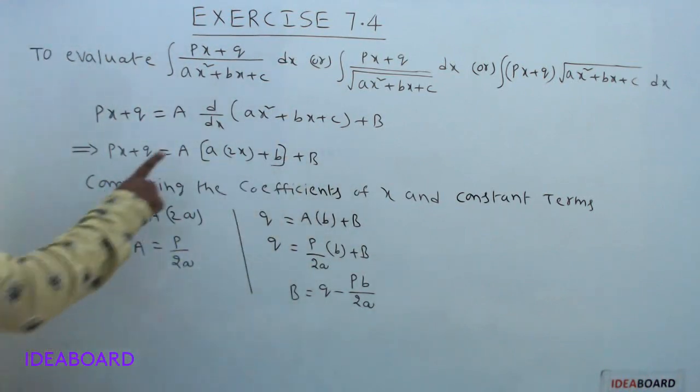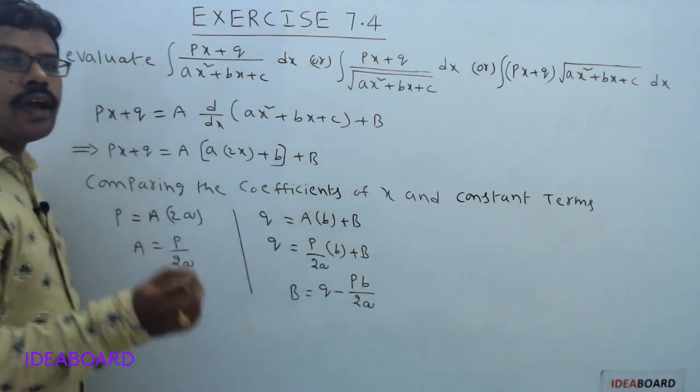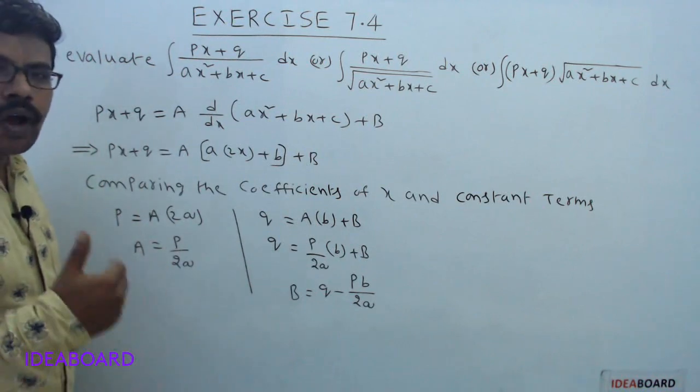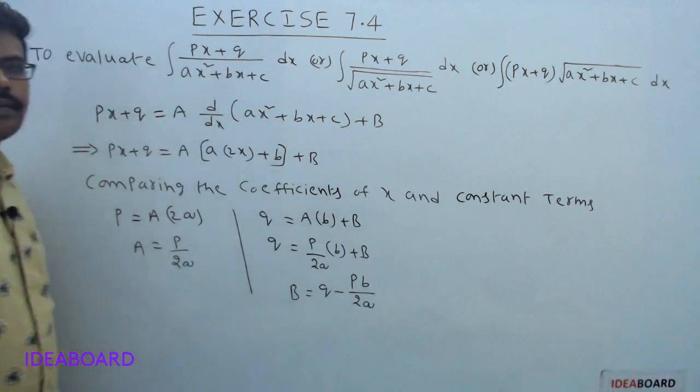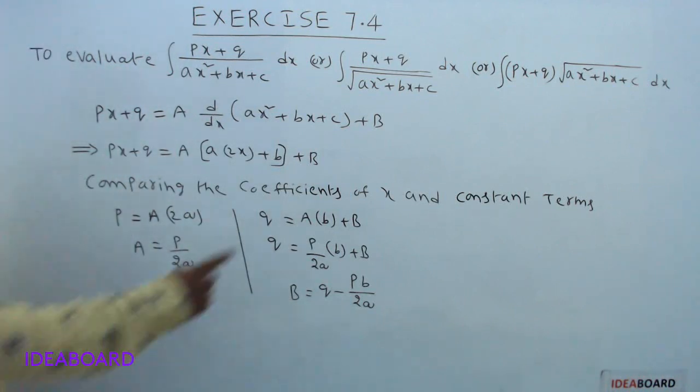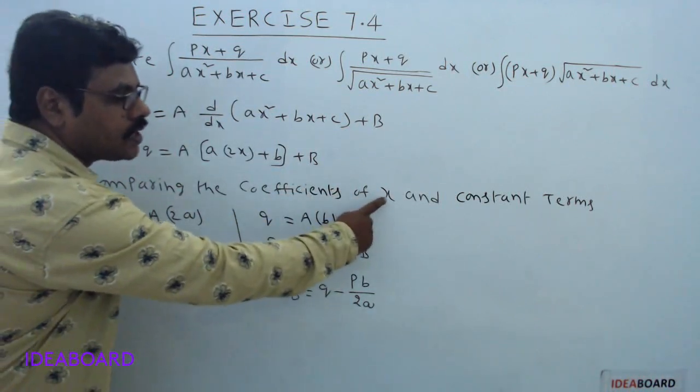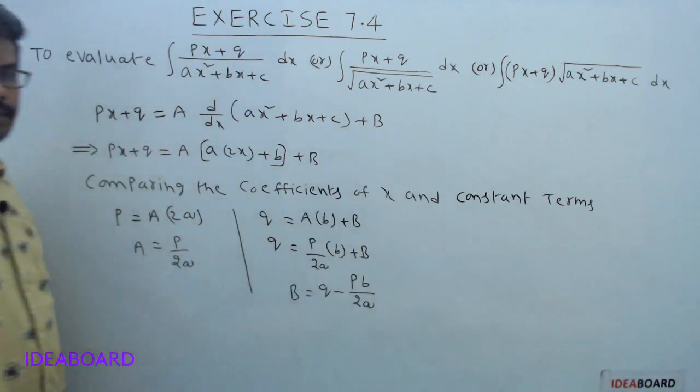Now here A and B are the unknown values. How to find the values of A and B? By comparing the coefficients of x and the constant terms.